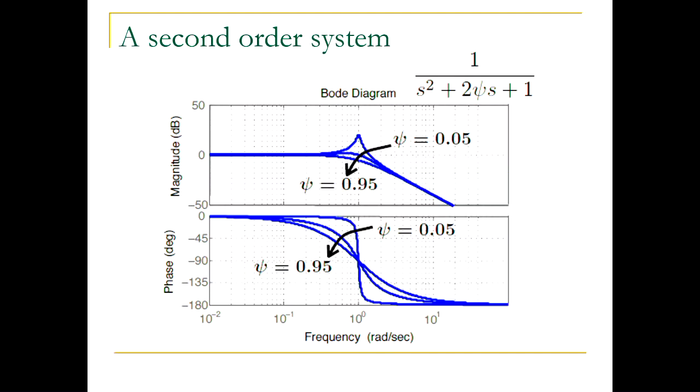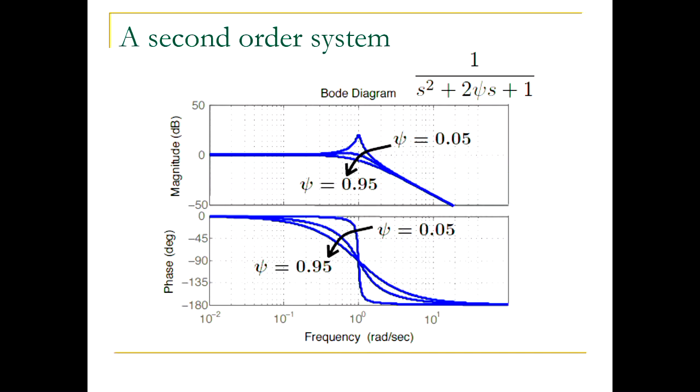When damping is high, you do not have this problem. When is damping high? When the poles are very close to the negative real axis. That's when the damping is high. When you have two negative real poles, you will not see any resonant peak.